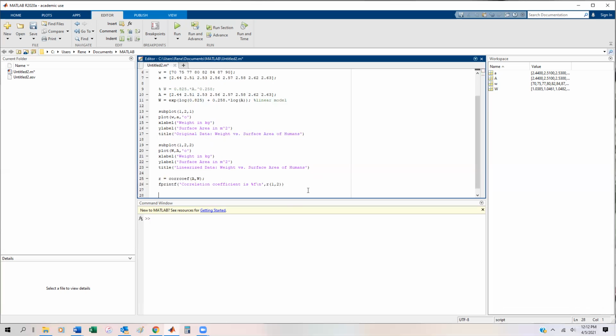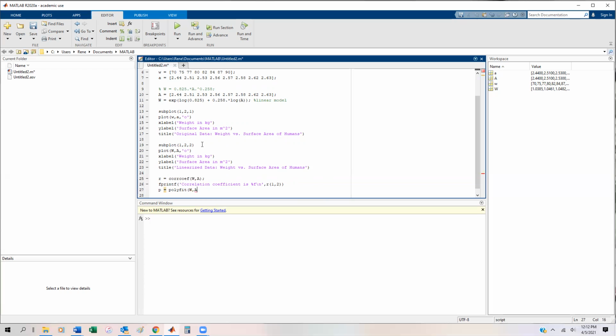Of course, we need the least squares line. So we're going to say P is equal to polyfit W, comma A. I probably should flip this around. Yes, it was W, A, because weight is going to be explanatory and A is going to be the variable affected.